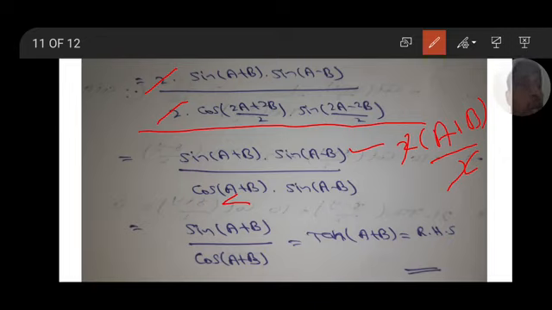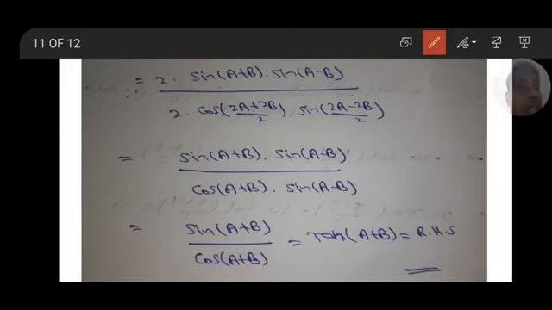Here also 2 is common in 2 of a minus b by 2, and the 2 cancels, so we get sin of a minus b. Sin of a minus b cancels, so we get sin of a plus b by cos of a plus b. Sin theta by cos theta means tan, so it is tan of a plus b, that is the RHS.